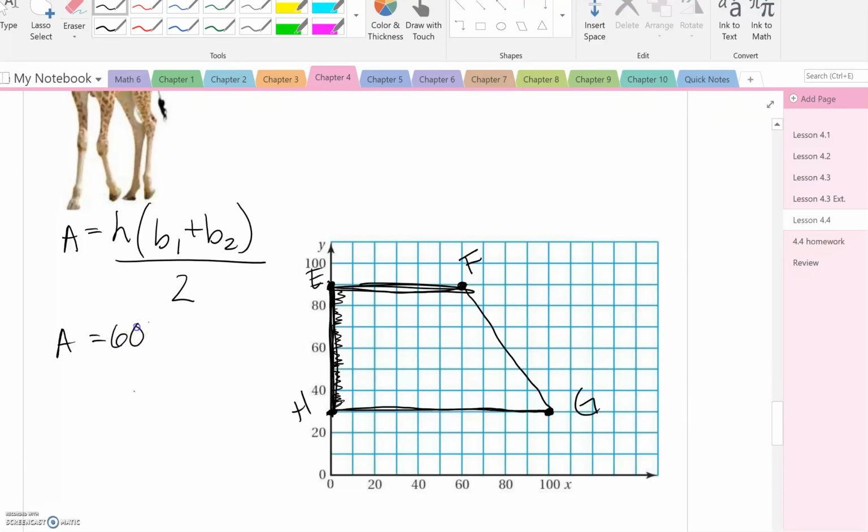Okay, so my height is 60. Okay, my two bases, again counting by 10. Okay, so 10, 20, 30, 40, 50, 60. 10, 20, 30, 40, 50, 60, 70, 80, 90, 100.